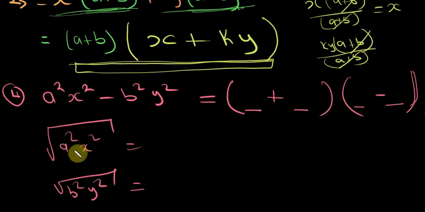Okay, so the square root of a squared x squared is the same thing as a squared x squared raised to the power 1 over 2. The square root becomes 1 over 2. So if you have algebraic terms raised to powers, everything multiplied by a power, that simply means you can multiply the powers of that one by the outside power.